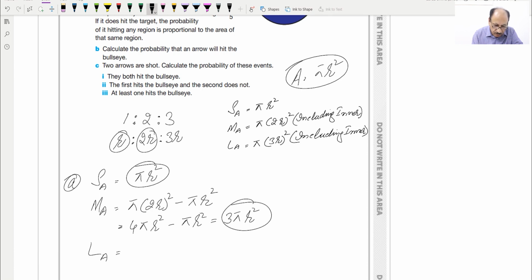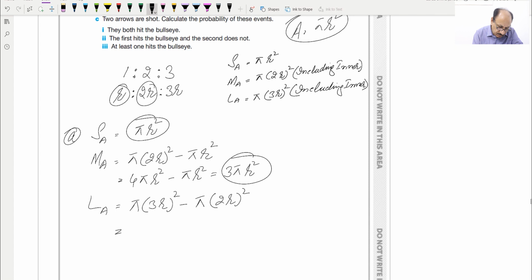This will be pi into 3r square, and we will be subtracting the inner two circles, which is pi into 2r square. Now if we solve this one, we will be getting 9 pi r square minus 4 pi r square, which is equal to 5 pi r square.